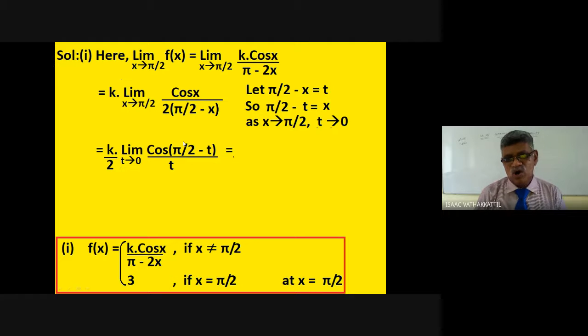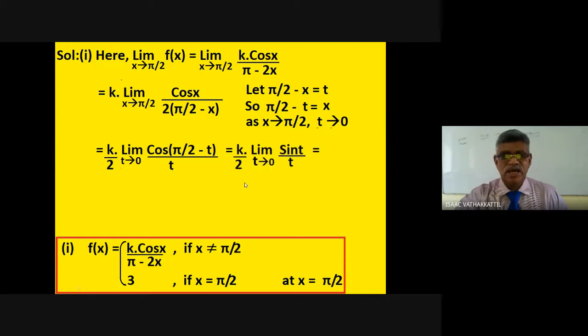But we know cos of pi by 2 minus theta is sin theta, so cos of pi by 2 minus t is sin t. So this is k by 2 into limit t tends to 0 of sin t by t.